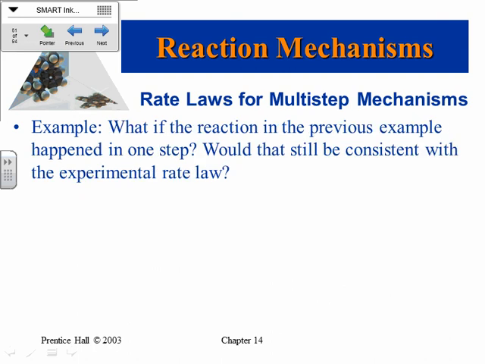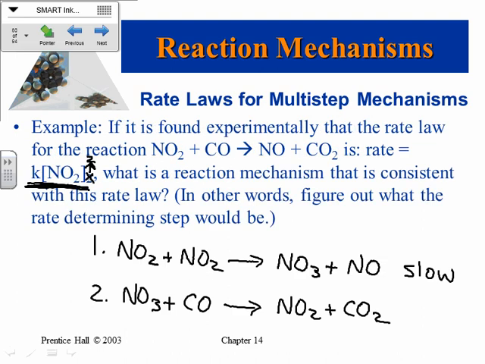All right, what if the reaction in the previous example happened in one step? Would that still be consistent with the experimental rate law? If this happened in one step, what would be our rate law for this reaction? No, it wouldn't.